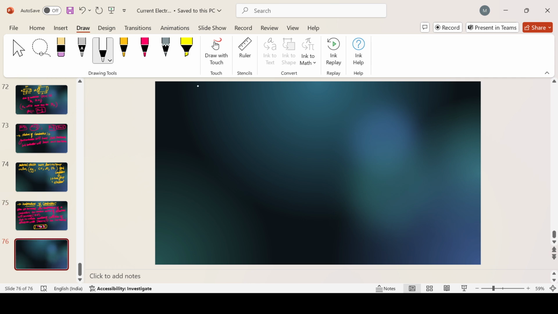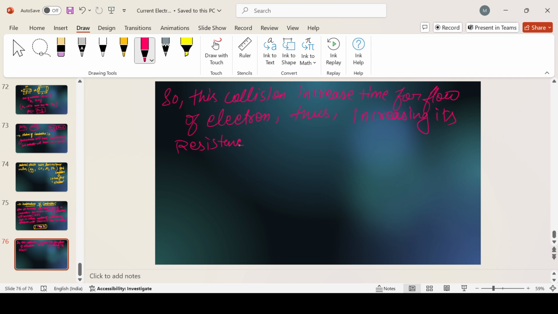So this collision increases the time for flow of electrons, thus increasing its resistance value.